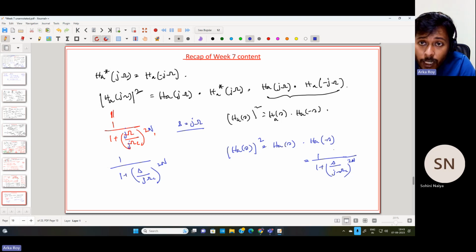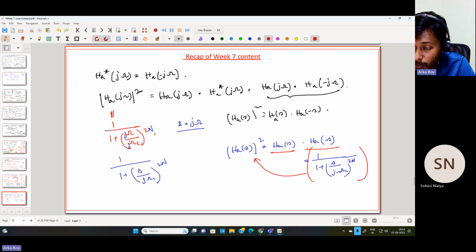But mind it, we are trying to find the poles. So I will use this particular factor, Ha(S) mod square, to find the poles of this system. I am not finding the poles of Ha(S) or Ha(minus S). So I cannot comment about whether Ha is stable or not, but I will comment about |Ha(S)| squared.